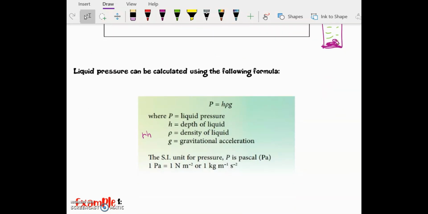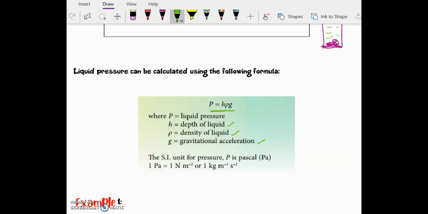Liquid pressure can be calculated by using the formula pressure equals h times rho times g, where h is the depth of the liquid, rho is the density of the liquid, and g is the gravitational acceleration, which is a constant value.